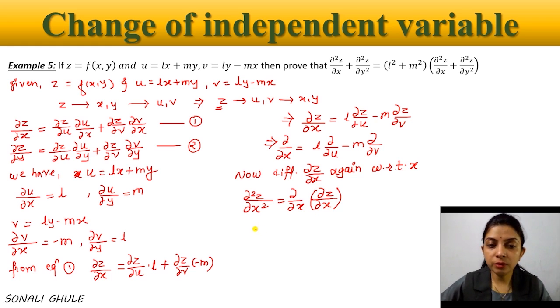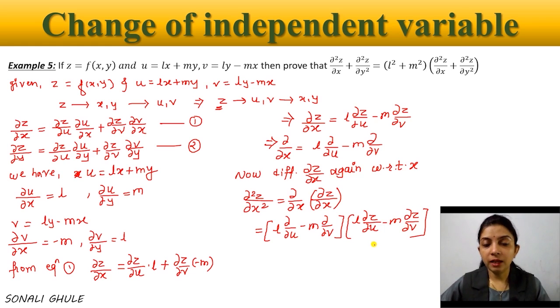But what is the value for dou by dou x here? Yes, this we have found here. So I can write here L into dou by dou u minus m into dou by dou v. Then dou z by dou x, this also I have found here. What is it? L into dou z by dou u minus m into dou z by dou v.